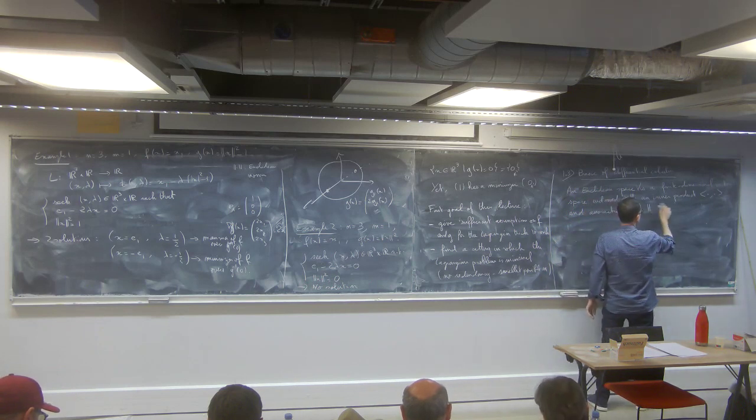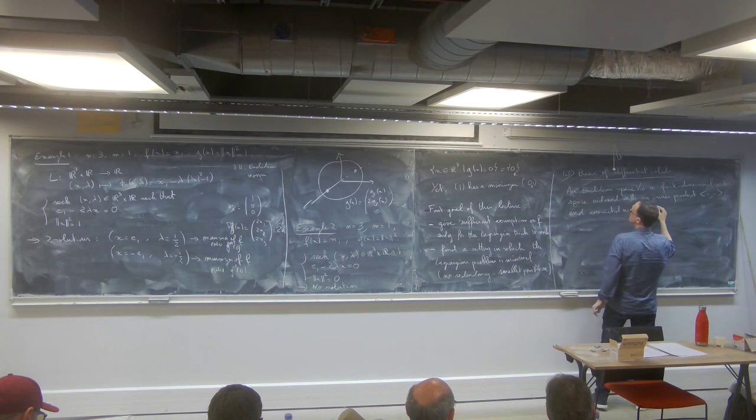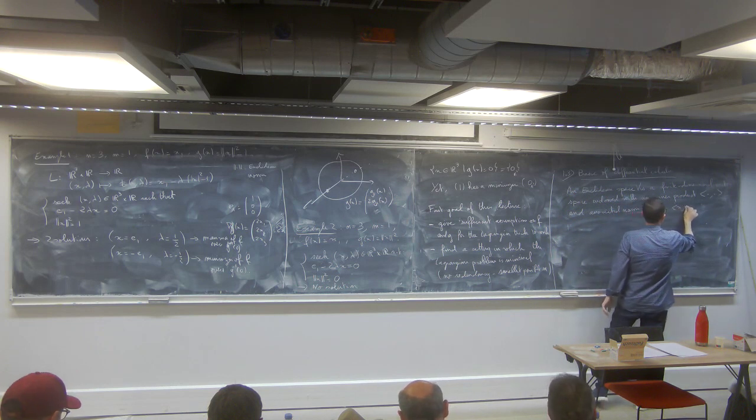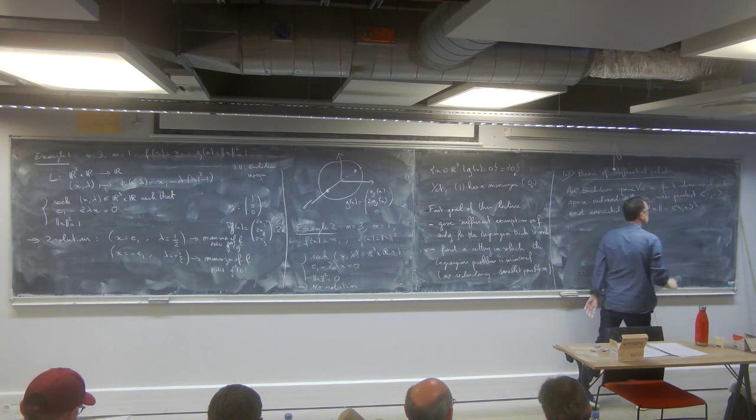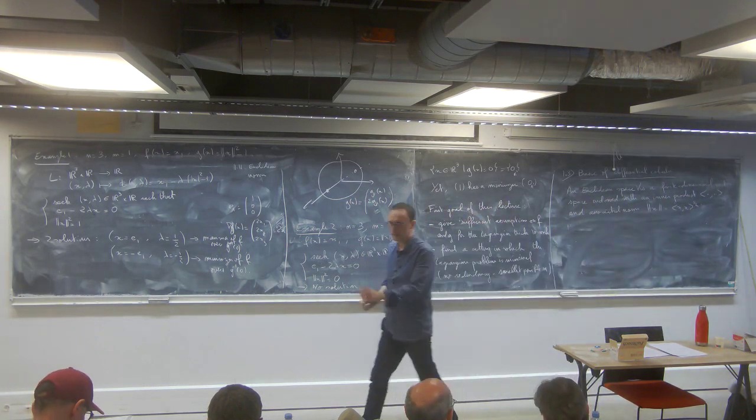The norm associated with the inner product is simply that the norm of X is the square root of the inner product of X with itself.